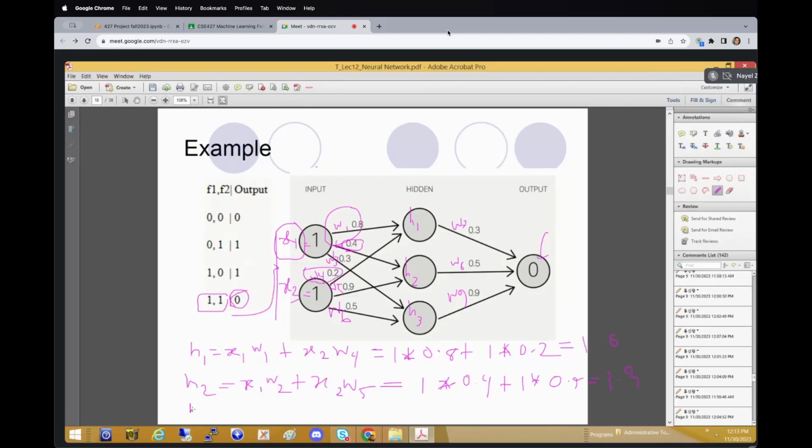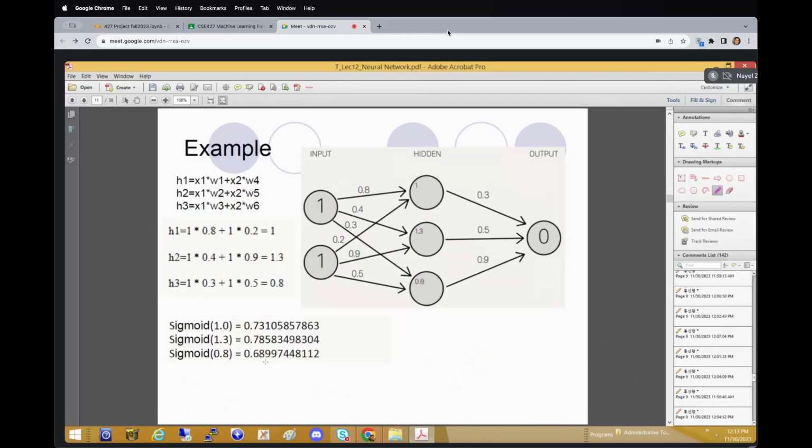Similarly, we find H3 the same way. So we get the hidden layer values: H1 equal 1, H2 equal 1.3, and H3 equal 0.8. Next, we have to pass these values through a sigmoid function.